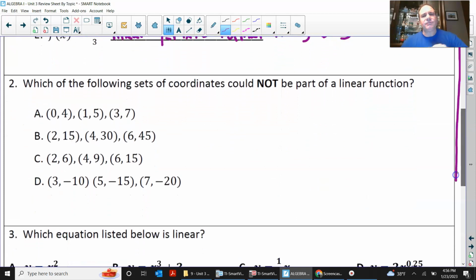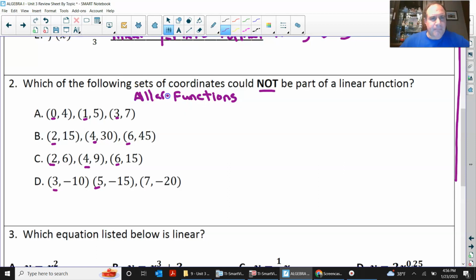Which of the following sets of coordinates could not be part of a linear function? Let's just check to see which ones are functions. So all of them are functions. Now we have to check if it's linear.